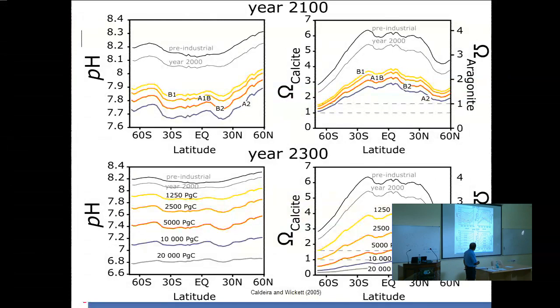If you think we will take this particular route, that is 1250 petagrams of carbon emission by year 2300.